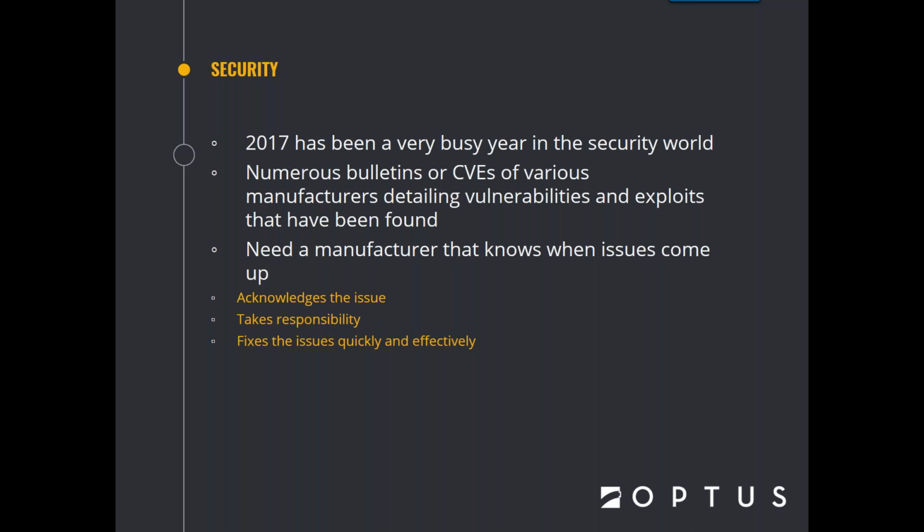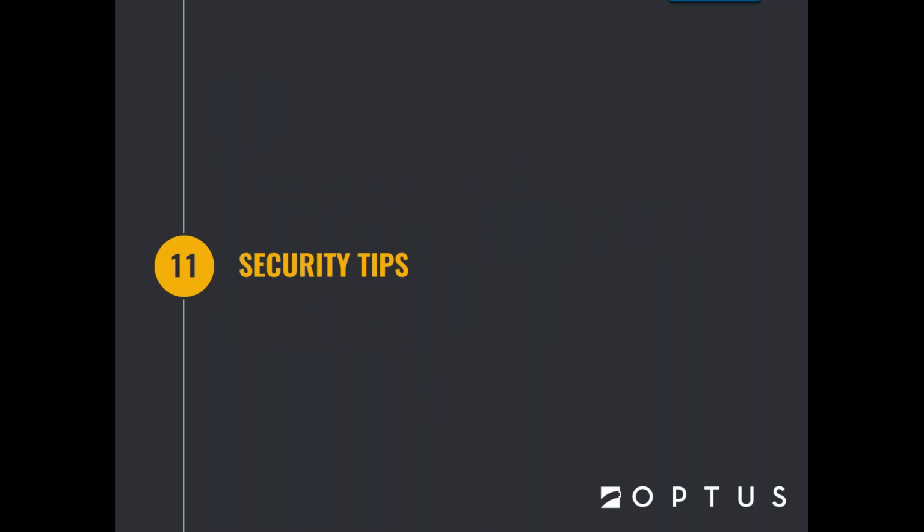Several manufacturers have been called out as untrustworthy network devices. So when you choose a solution, you need to choose a manufacturer that, if security issues come up, acknowledges the issue, takes responsibility, and sends out fixes and patches quickly and effectively to those security threats.